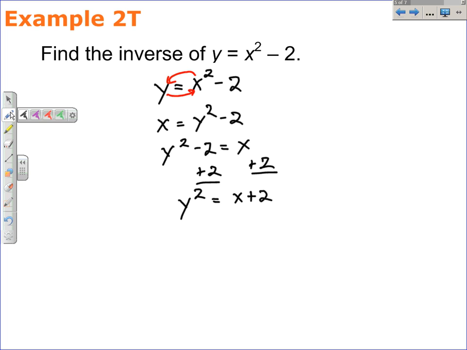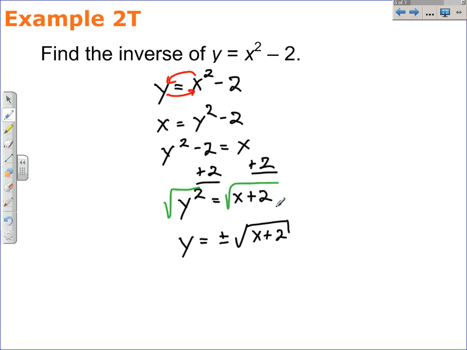And at this point, we need to take the square root of both sides, which will give us y is equal to, now when we do this, we're going to concern ourselves with both the positive and the negative square root, because that is the inverse.